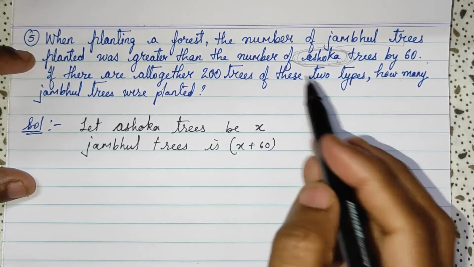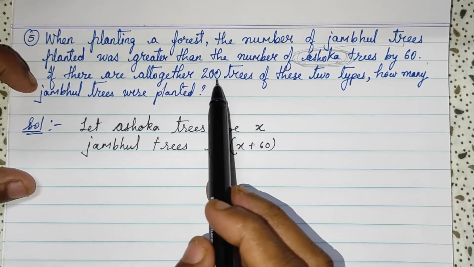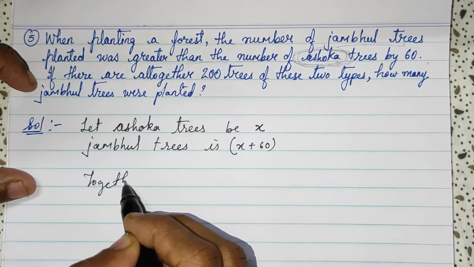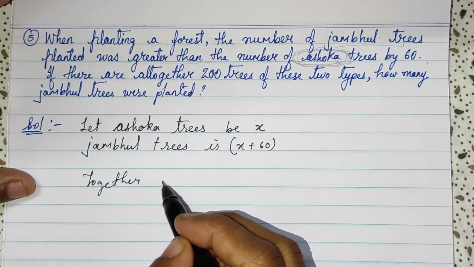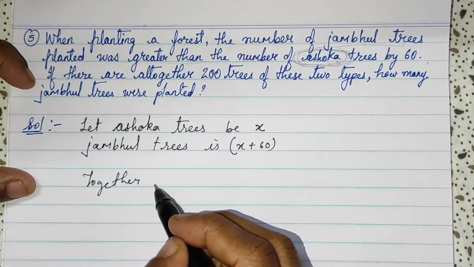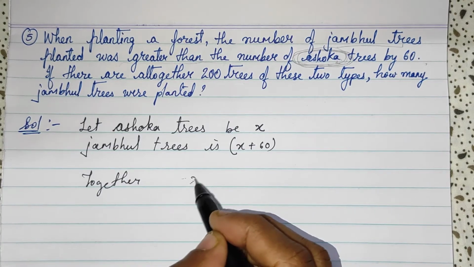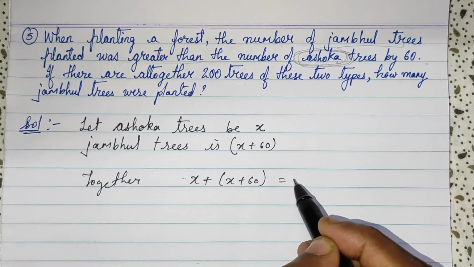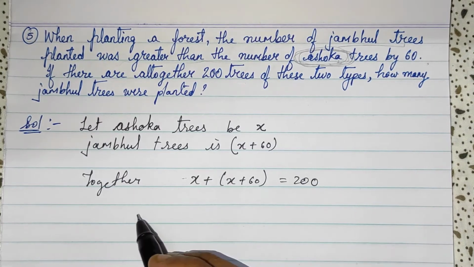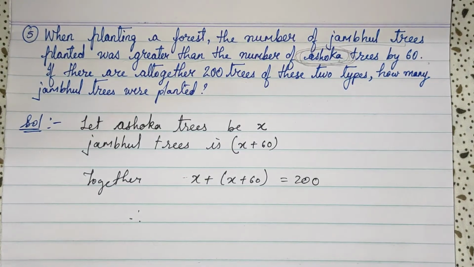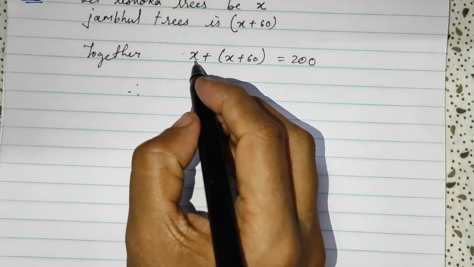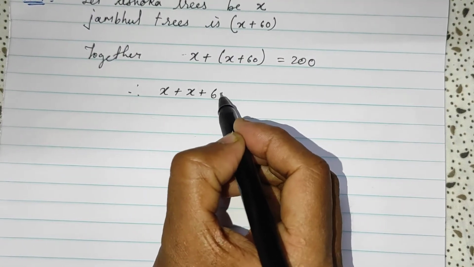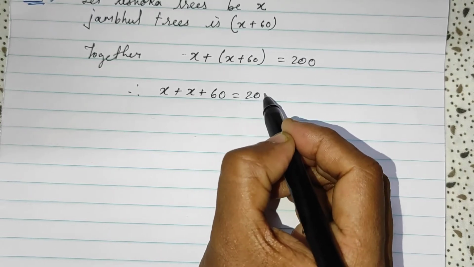Okay, and together they are forming 200 trees. Together, x plus x plus 60 equals 200. So let's see how we will solve. First, open the bracket: x plus x plus 60 equals 200.